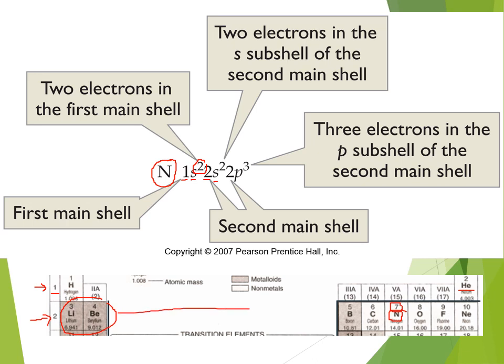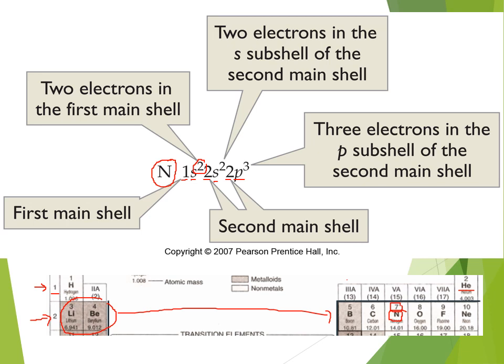So we continue on through period 2, and we hit the p block. We represent that by writing 2p. We're saying we're in the second main shell, in the p block, the p subshell. Now, nitrogen is present in this p subshell. So to represent nitrogen, we just count how many in nitrogen is into that p block.